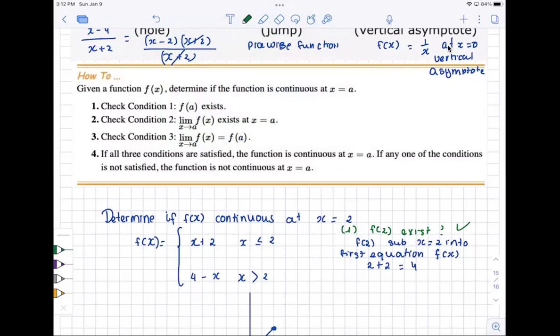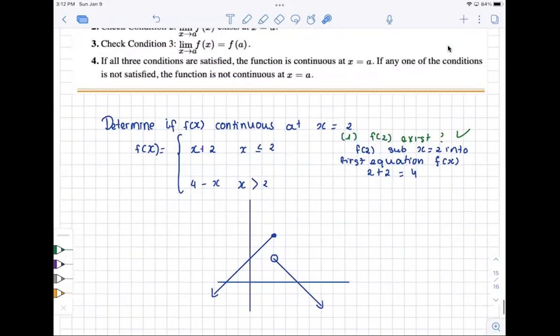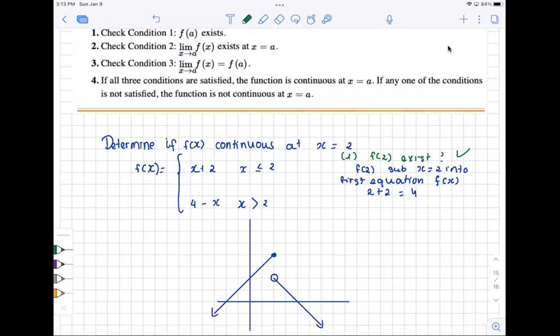The second condition we want to test is whether the limit as x approaches 2 exists. I have drawn this out graphically here. You notice that there is a jump, so we know there is a discontinuity between the two functions, but we're going to see if we can prove that.